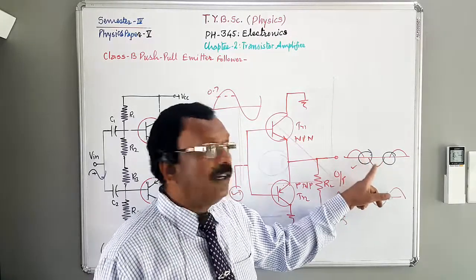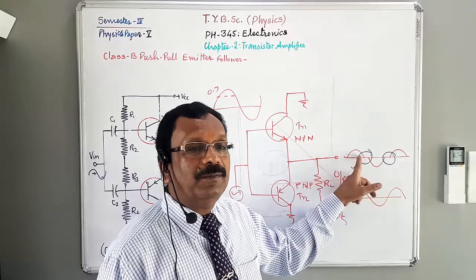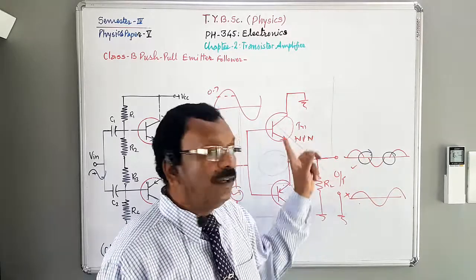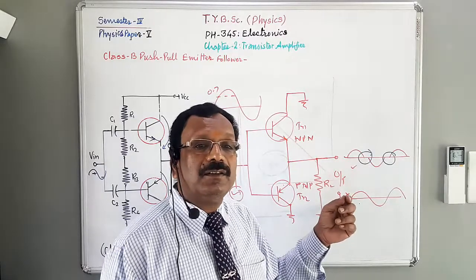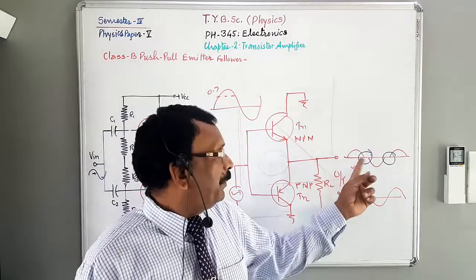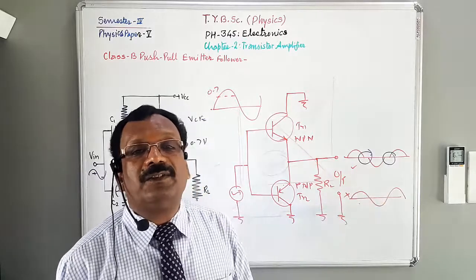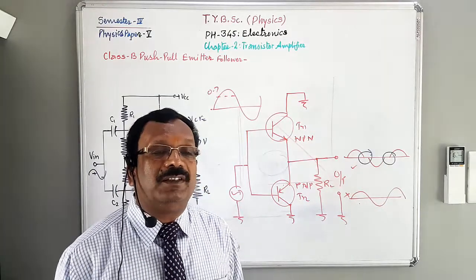As clipping occurs between the time one transistor is cut off and the other is on, and vice versa, the gap looks like this, and this is called crossover distortion.